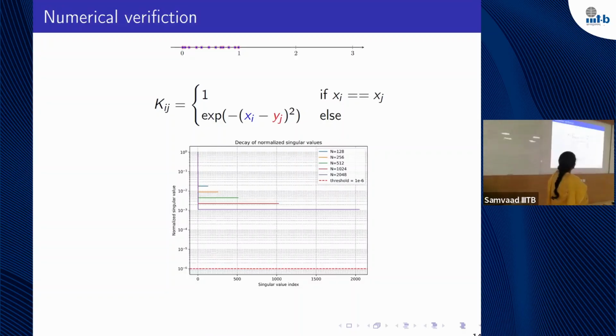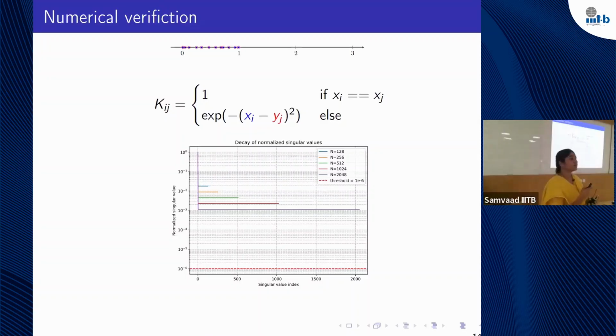So here, I'm considering different values for n, meaning I'm constructing matrices of these sizes, and I'm plotting the decay of singular values. So on the x-axis, I have the singular value index, and on the y-axis, I'm plotting the singular values. Or actually, I'm plotting the normalized singular values. So what are normalized singular values?